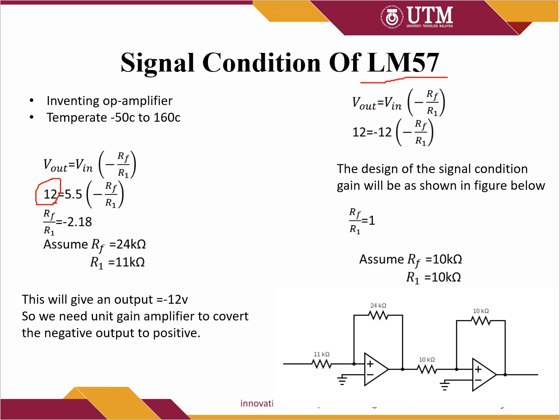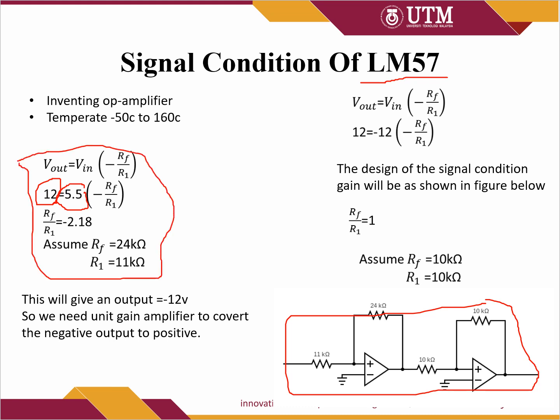The voltage of this sensor is 5.5, so we use this amplifier to change the voltage from 5.5 to 12 using these equations. After we do this, we will have minus 12, so we need another amplifier, a unity amplifier, to change it to the positive value.